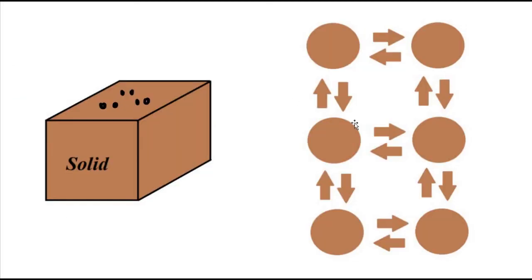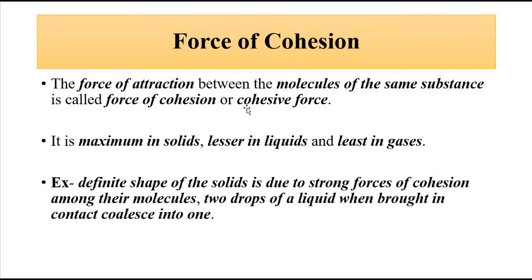And because of that greater magnitude of cohesive force, the molecules are tightly packed and they have a fixed shape, size and volume, and they do not change it unless an external force acts upon them, causing them to change their shape or size. So in short, cohesive force is the force of attraction between molecules of the same substance or same type of matter.